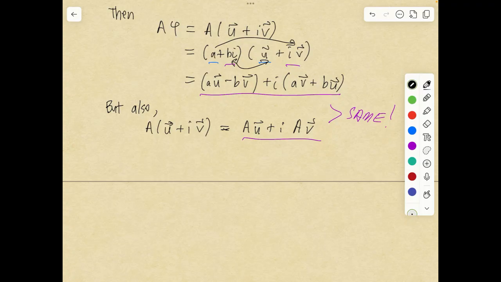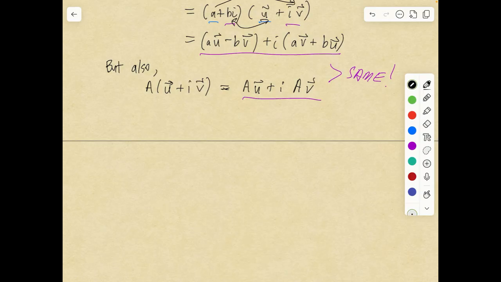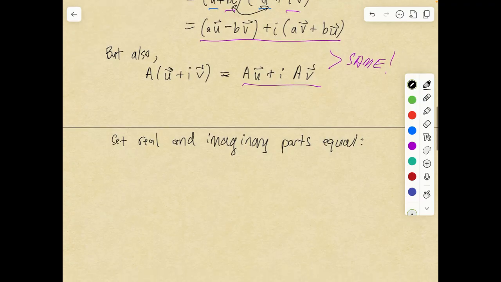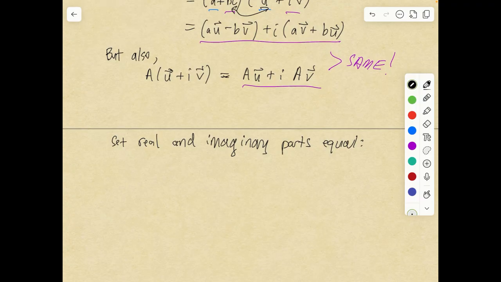So we can set the real and imaginary parts equal. If you look at the real part of the first one, it's this. The real part of the second one is that.